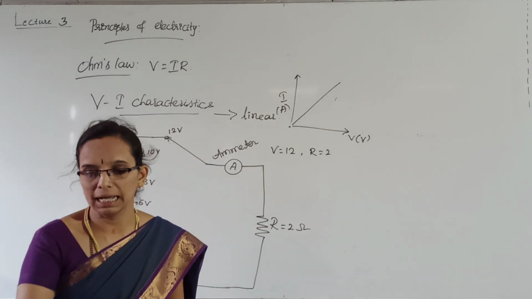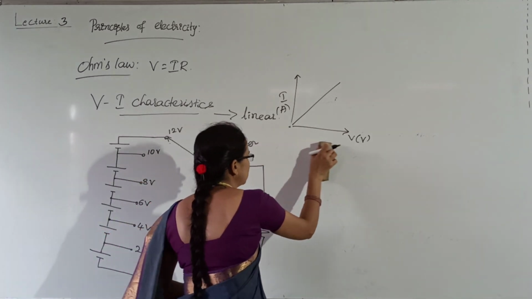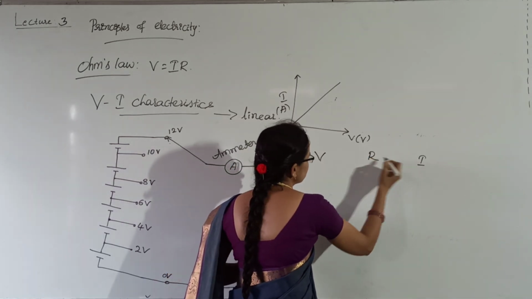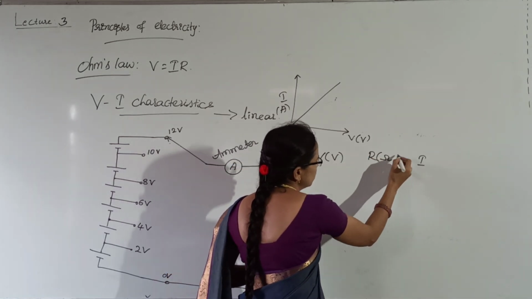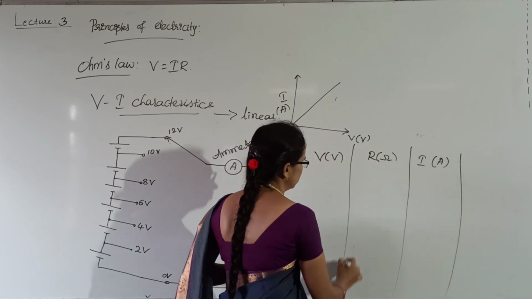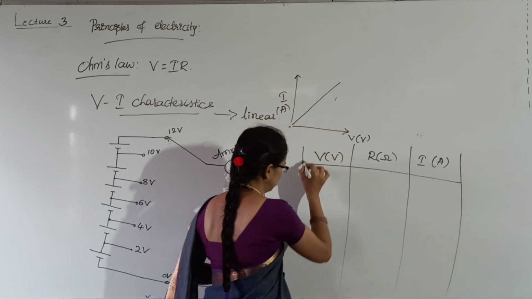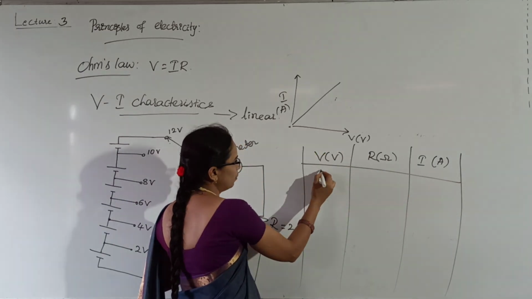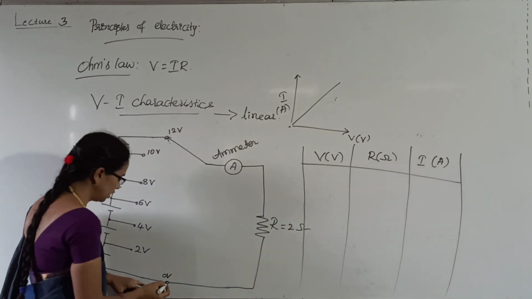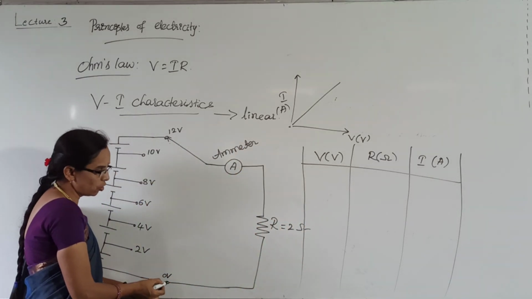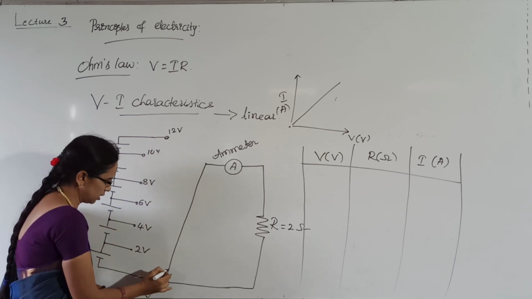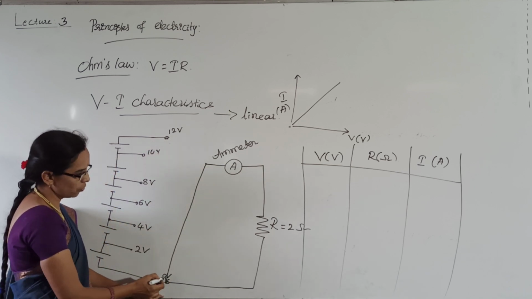Then I will make a table for that, which will be easy for you. Voltage in volts, resistance in ohms, and current in amperes. I'll start from 0 volt. 0 volt means this plug is connected to 0.